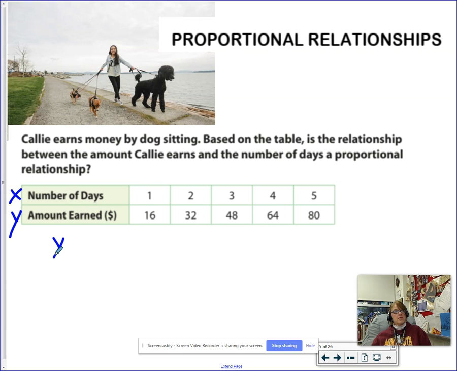What we need to do is figure out this rate of change for each one of these. So this will be 16 over 1. This will be 32 divided by 2, 48 divided by 3, and so on.